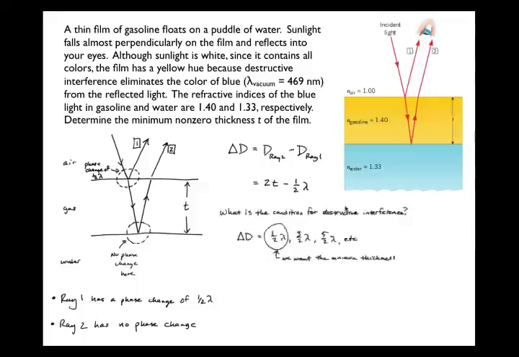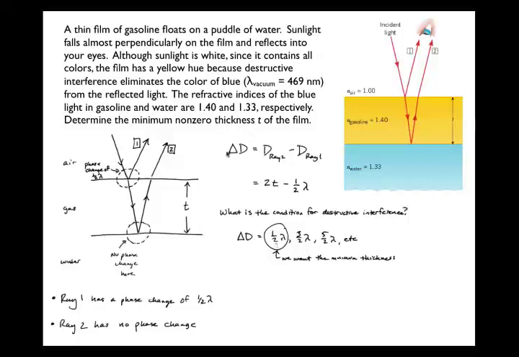So what is the condition for destructive interference? Well, destructive interference happens when the path length difference is half a wavelength, or 1.5 wavelengths, or 2.5 wavelengths, etc. We want this to be the thinnest possible film based on the problem statement, the minimum non-zero thickness. So we're looking for an interference that is 1/2 of a wavelength of path length difference.